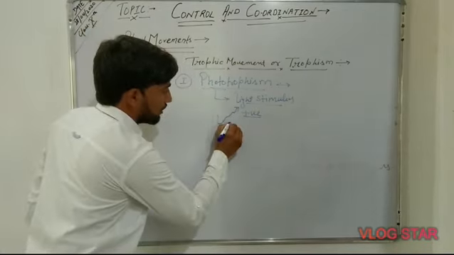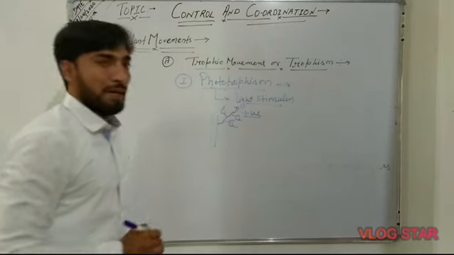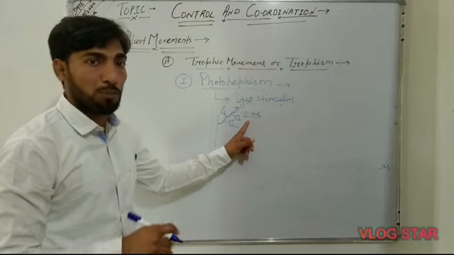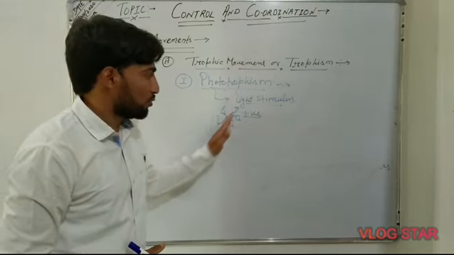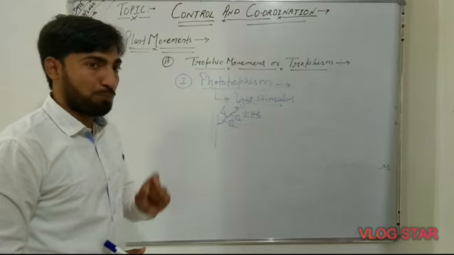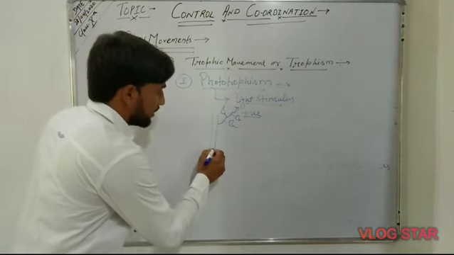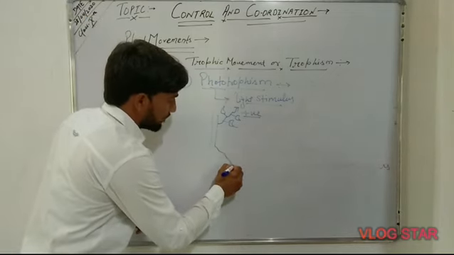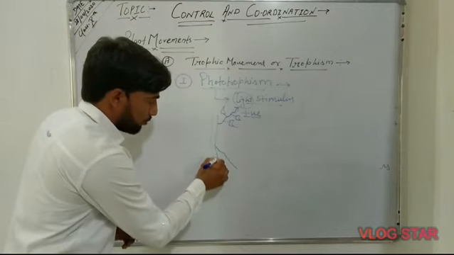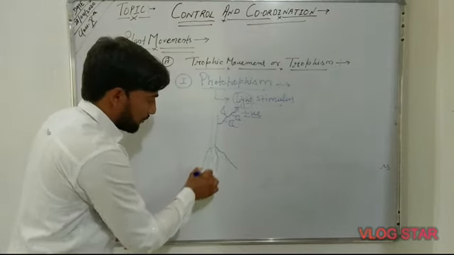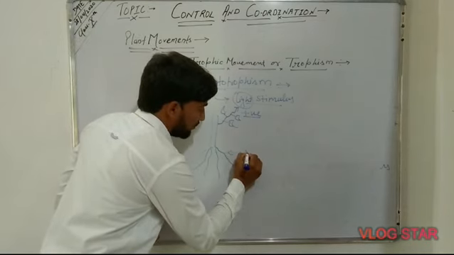The example of positive phototropism is the movement of the shoot part of a plant which moves towards the light. And if a plant part moves away from light, that is known as negative phototropism. Here we have our light, and the root part is moving away from the light.